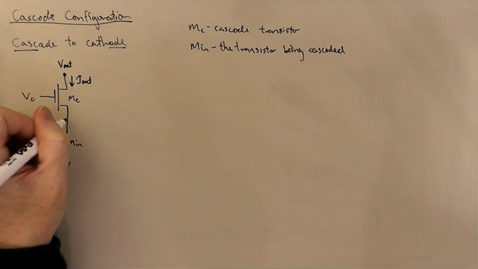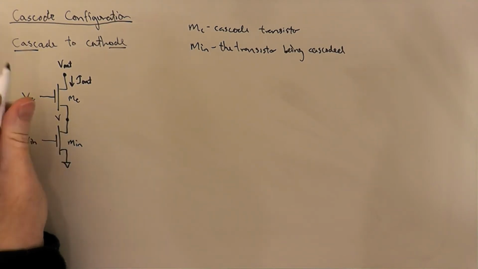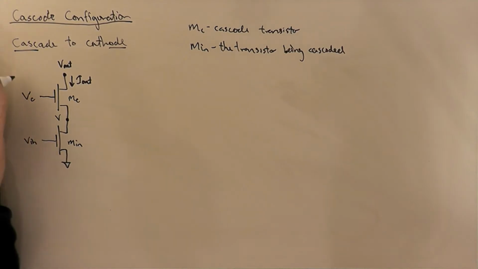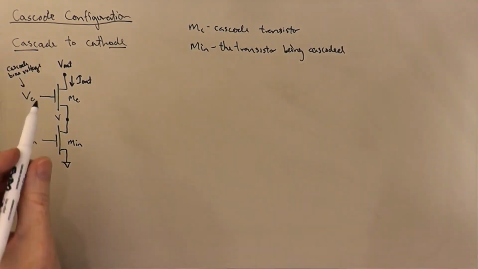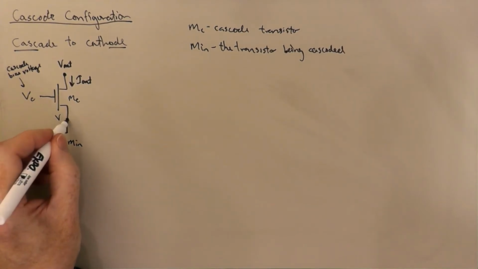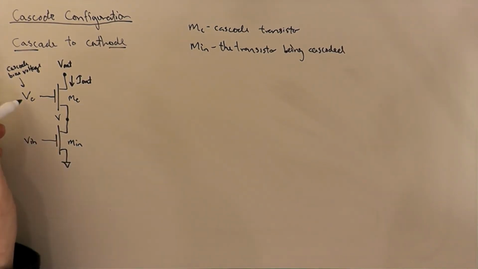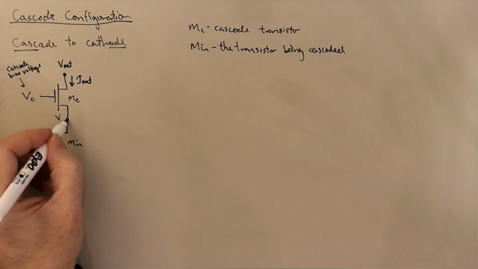The basic idea of the cascode is that you can think of this as a source follower, where we are keeping the voltage on what would have been the input of the source follower fixed at VC, the cascode bias voltage. Since the source follows what this voltage is doing, the source is going to be held relatively fixed.